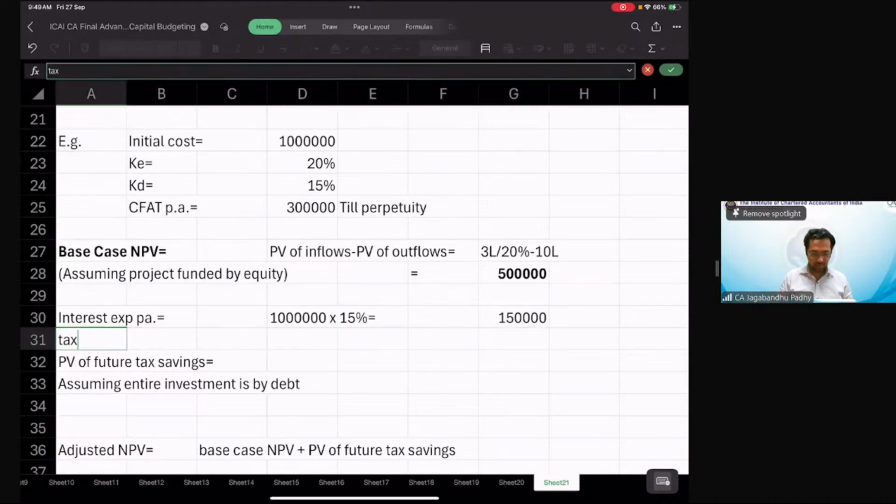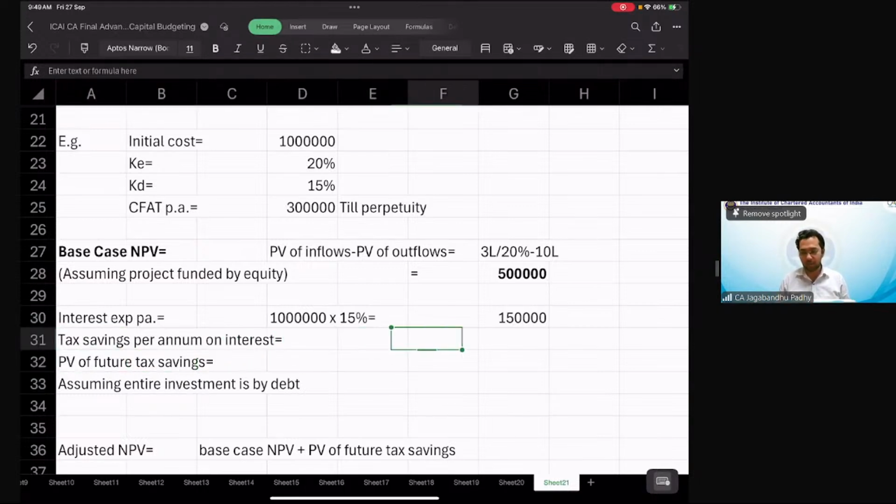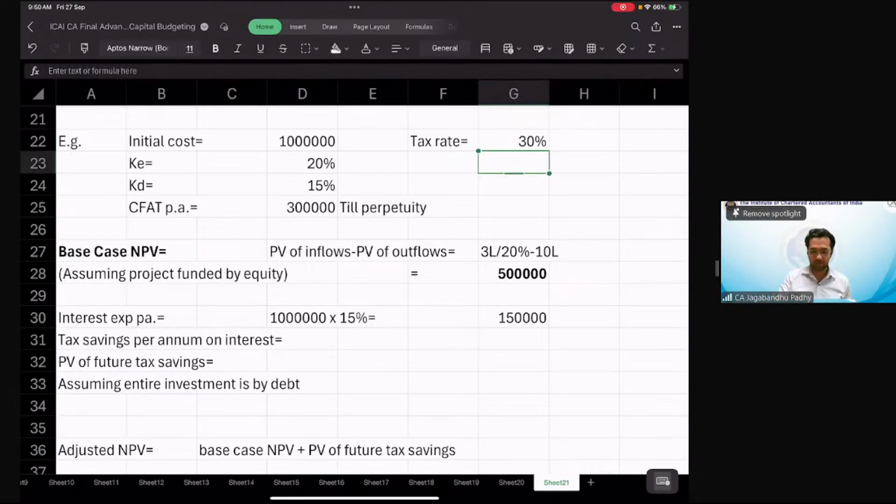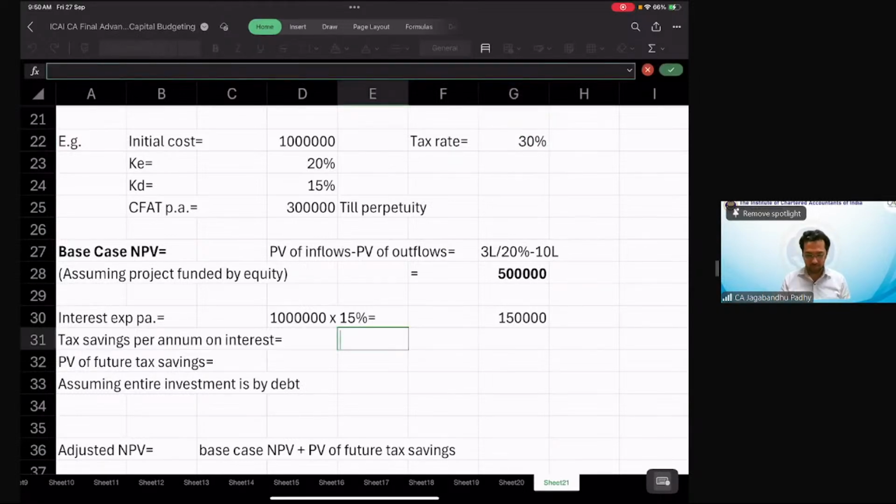Now, what will be tax savings per annum? Tax savings per annum on interest. What is the amount of tax savings per annum on interest? So we need to get the tax rate. So let us assume tax rate to be 30%. So if the tax rate is 30%, the tax saving on this is going to be 1,50,000 into 30%.